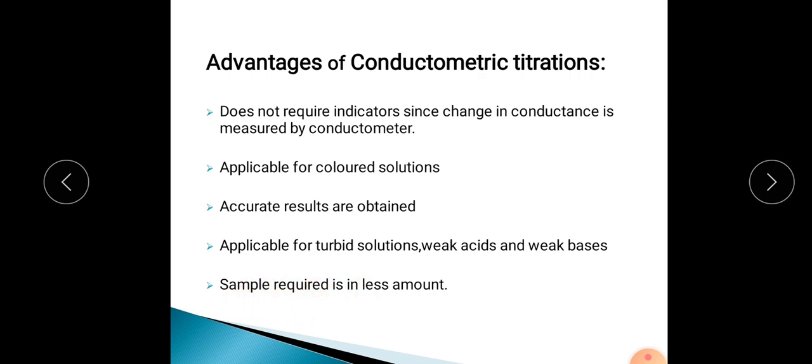In old methods of analysis, more sample is required, whereas in these methods, less sample is required. So these are some notable advantages of conductometric titration: no indicator is required, applicable for colored solutions, accurate results, applicable for turbid solutions, weak acids and weak bases, and the amount of sample required for analysis is less.